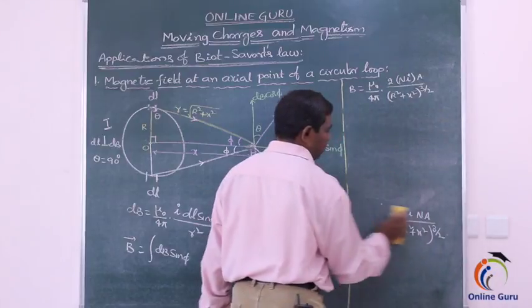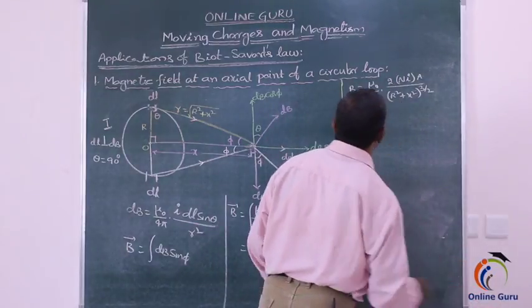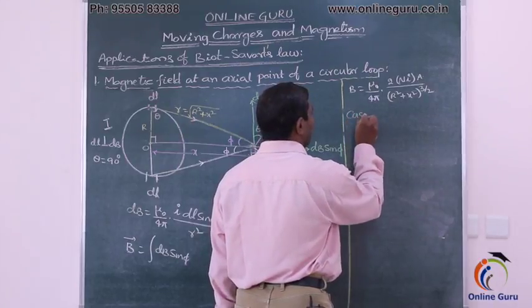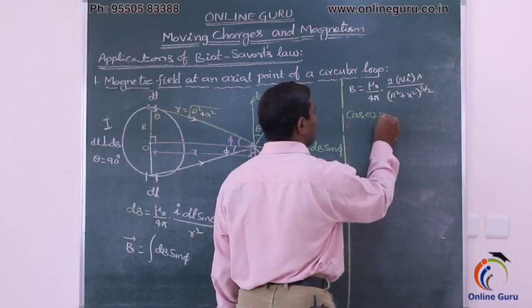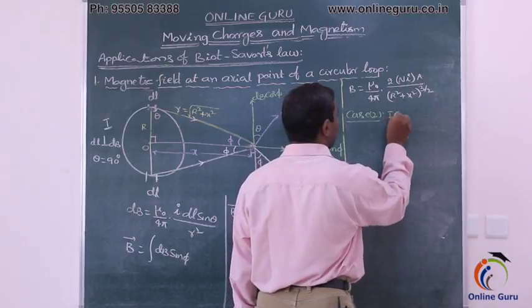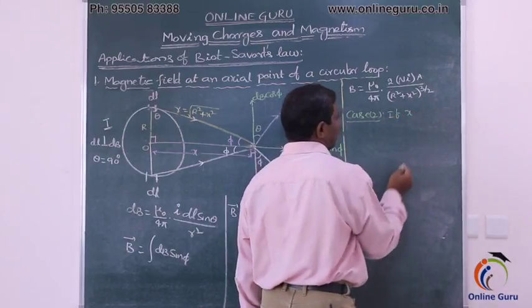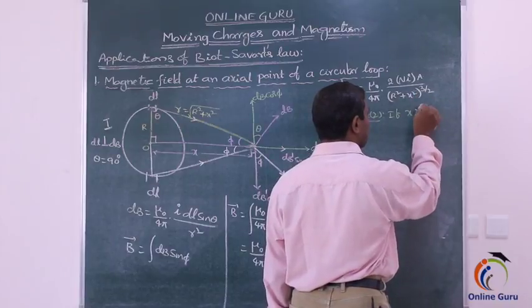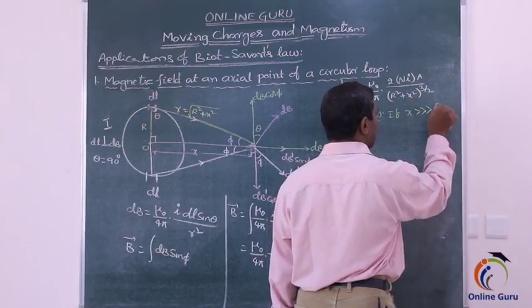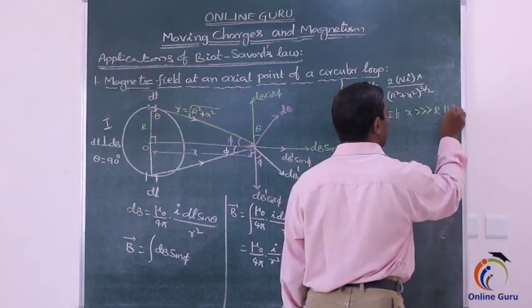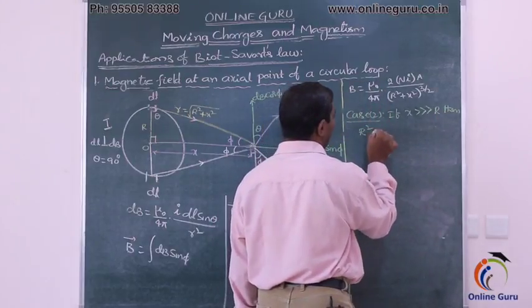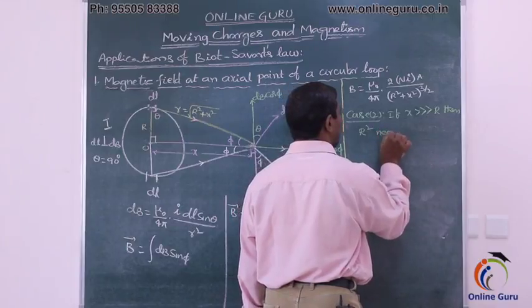From this relation, I can take case 2. In this case 2, if x is far greater than r, then r square is neglected.